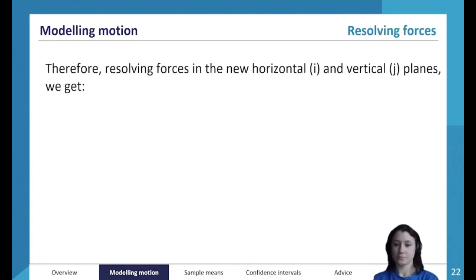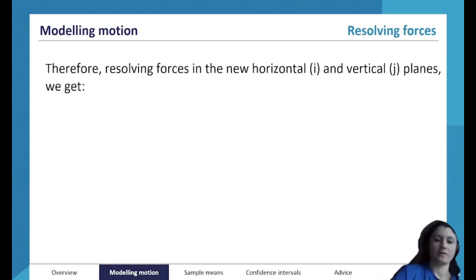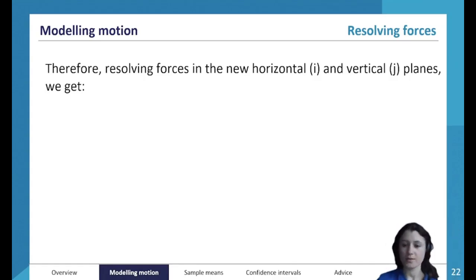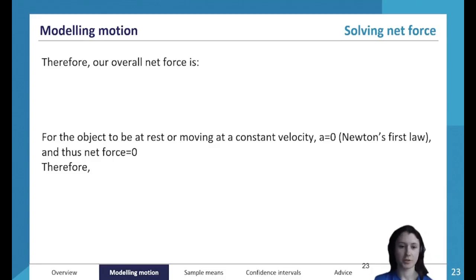Alright, so that is how we get our vertical and horizontal components. Now what we need to do here is find the overall net force. So our net force is going to be, and we'll start with the i component, we need to consider which forces are acting in the i component and in the j component.